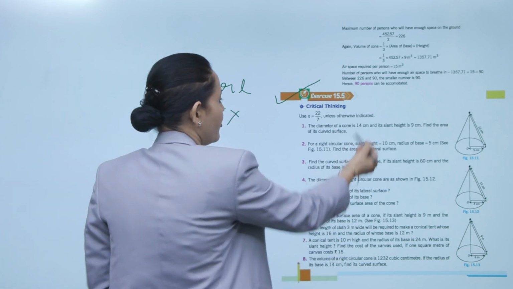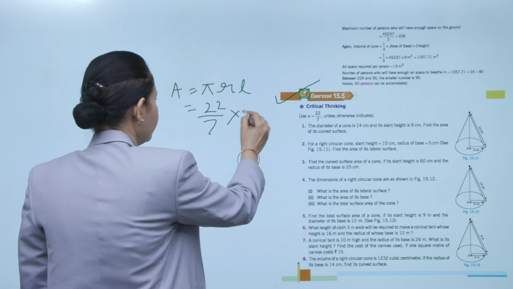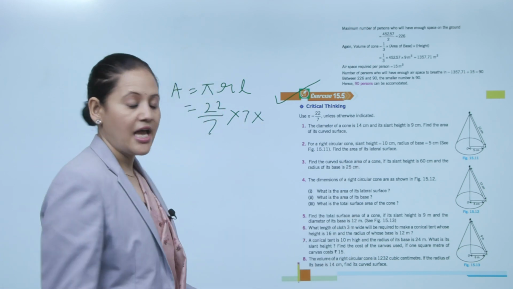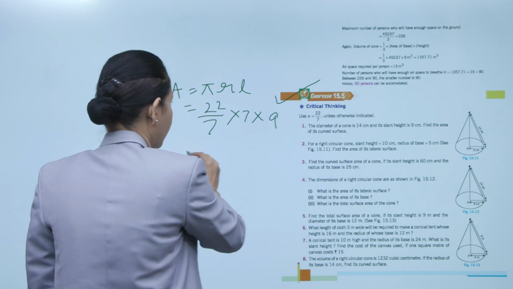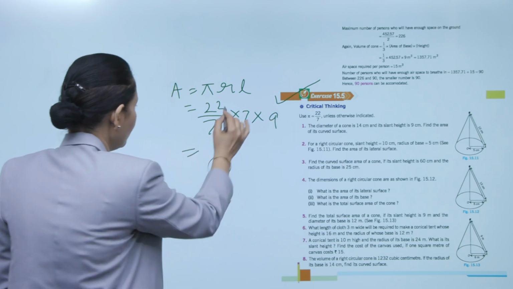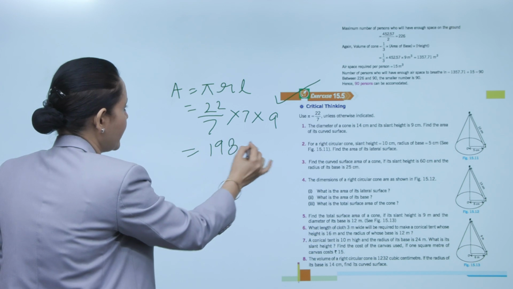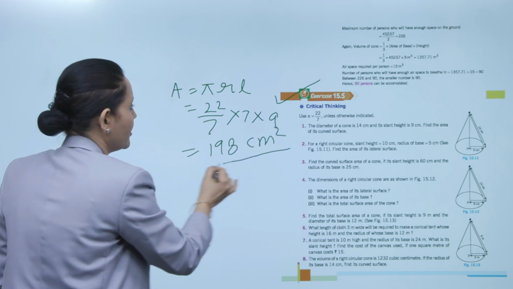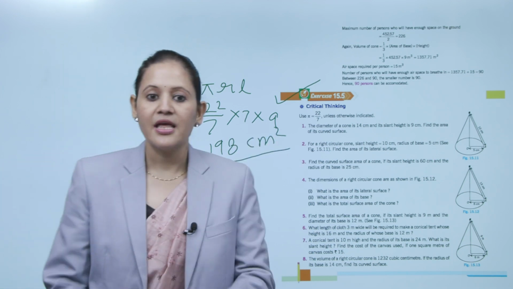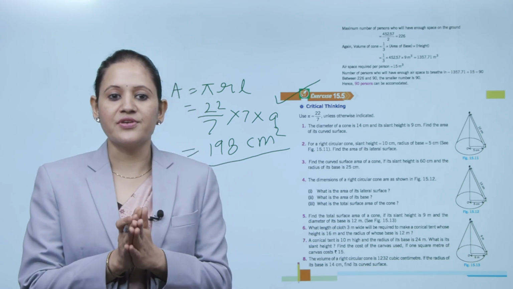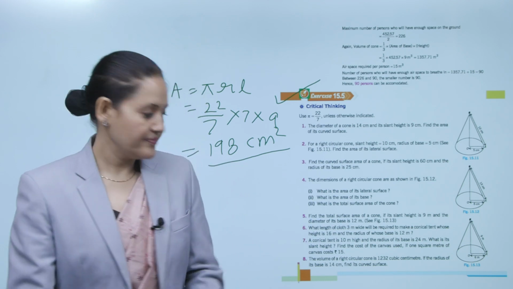R is 14 upon 2, that is 7, into L which is given as 9. So that is equal to 198 centimeter square. Clear? That is the curved surface area. Clear?